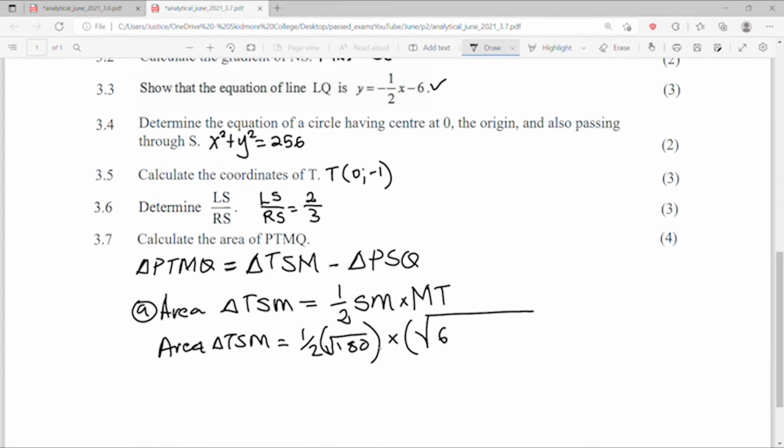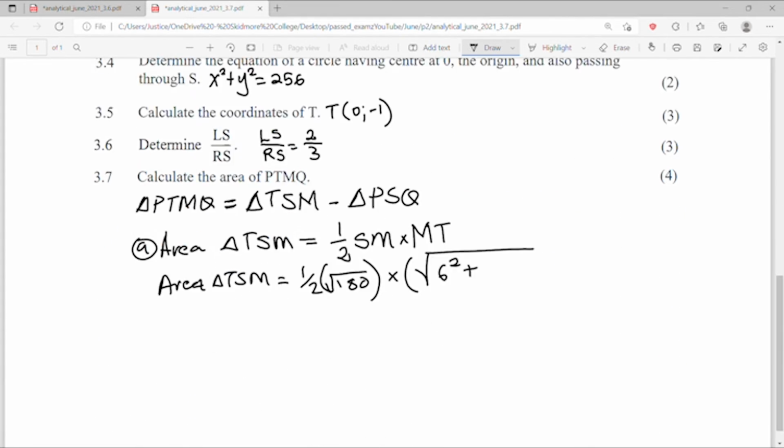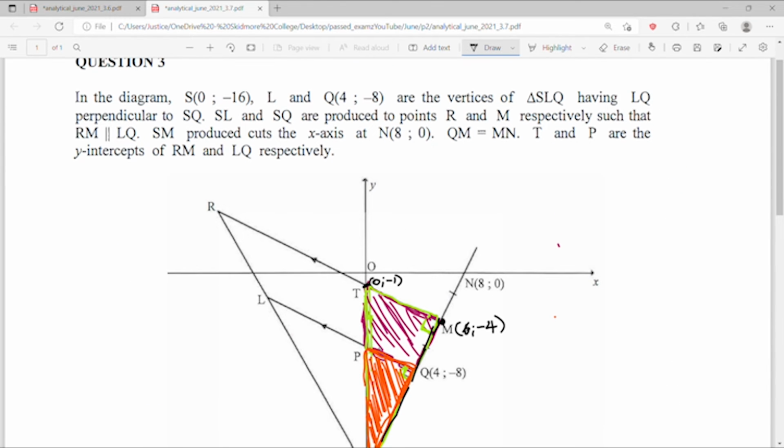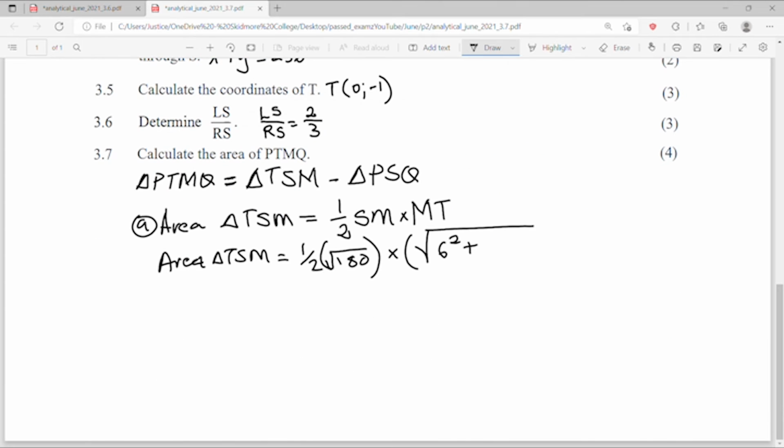So we're going to have 6 squared plus minus 4 minus 1, that's going to be minus 3 squared. And this whole thing is going to be 45. Just put it in your calculator. They won't give you marks for all these calculations, just the 45.